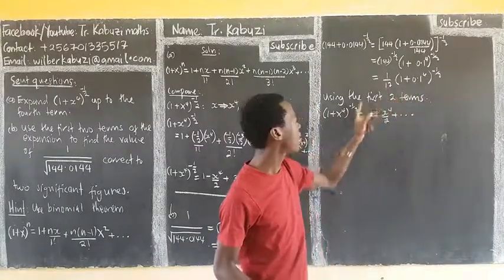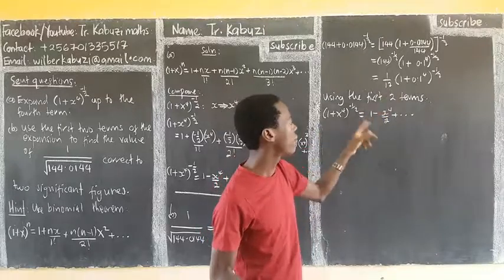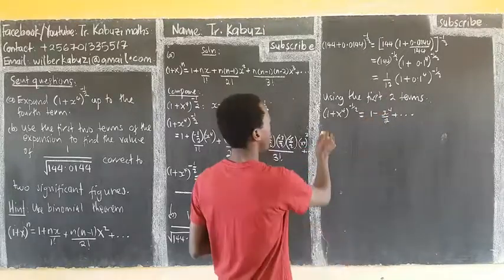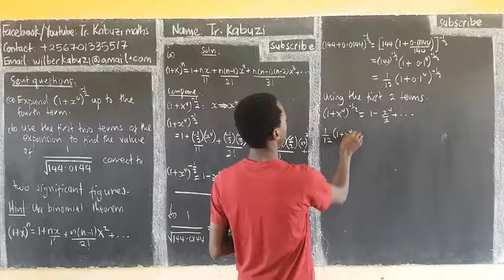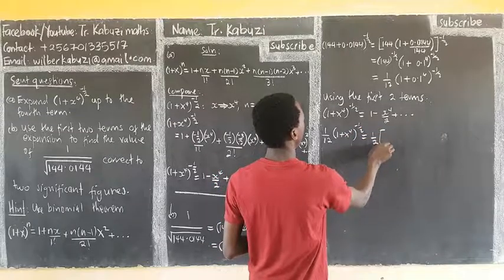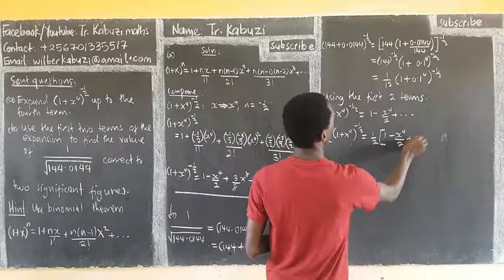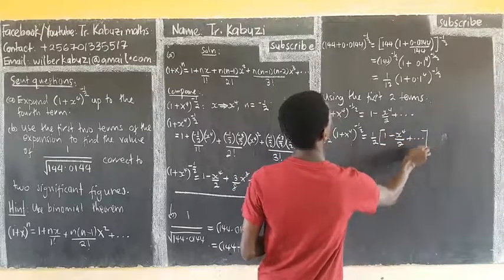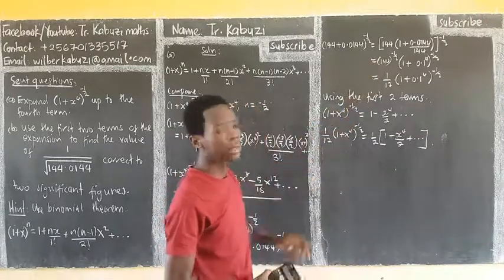Then this one I have 1 over 12. So meaning, I'm going to first create 1 over 12 both sides. So now 1 over 12 into 1 plus x power 4, negative a half, is the same as 1 over 12 into 1 minus x power 4 over 2 plus more terms. Now I can compute this and put it here.